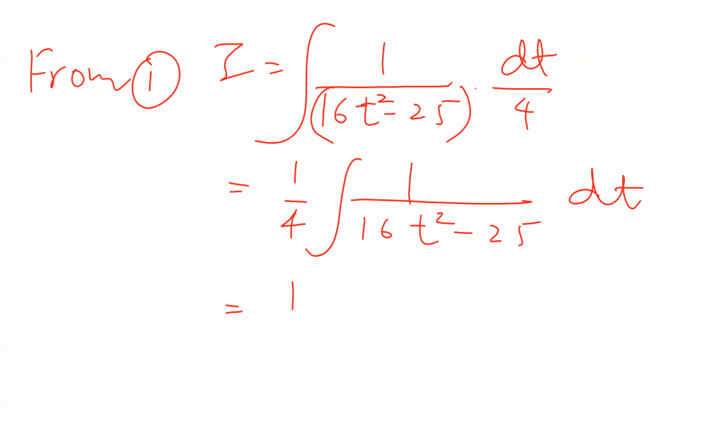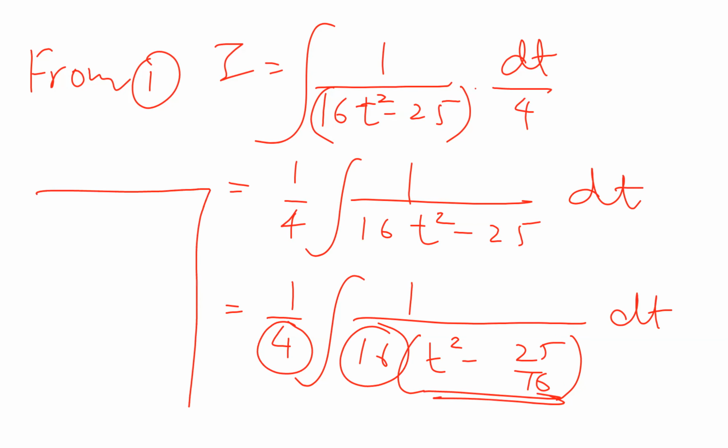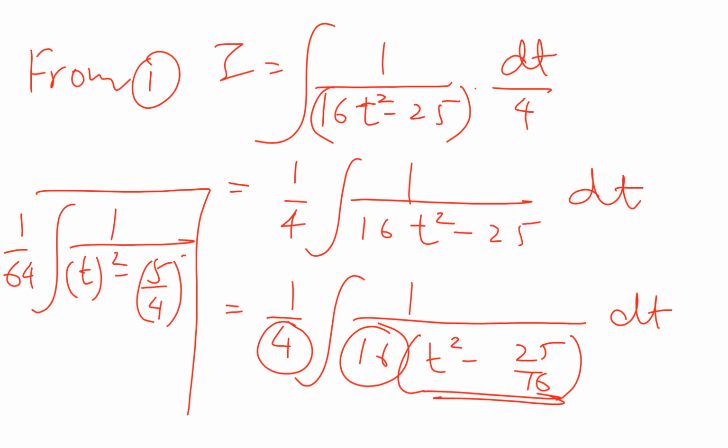There is no middle term. Eliminate 16 over here. 16 fours are 64, which can be written in the denominator. And this can be written as integration of 1 upon t square minus 5 by 4 the whole square.